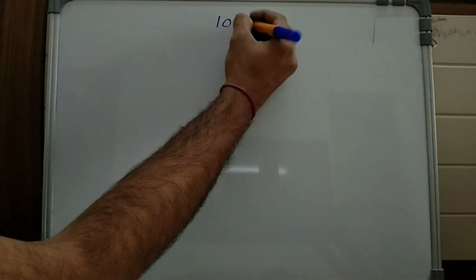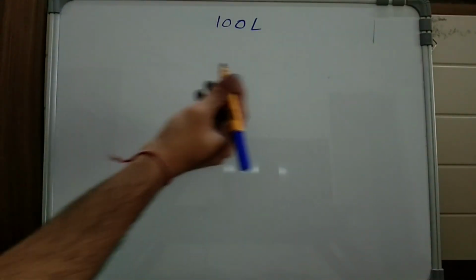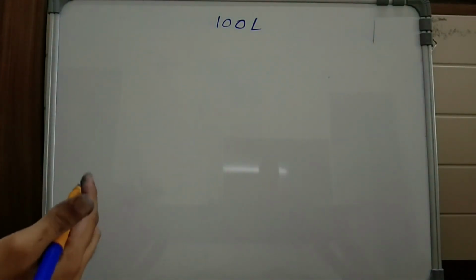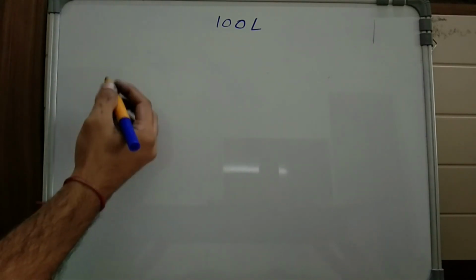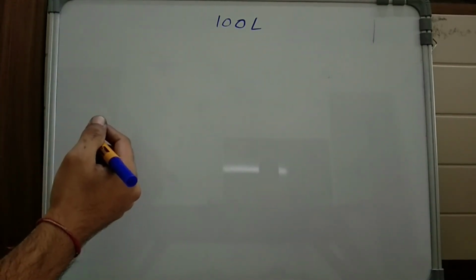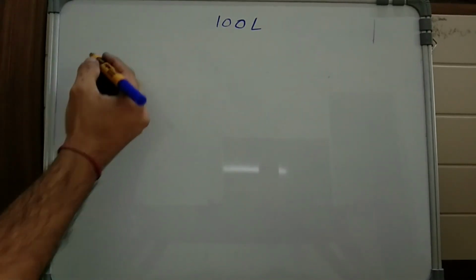So I can take any values. Okay, so let's say the total capacity of the tank is 100 liters. I am just taking any random values because it doesn't affect the answer, because the answer is in ratios. So let the capacity of the tank be 100 liters, and the time that the inlet pipe takes to fill it is, let's say, 2 hours.